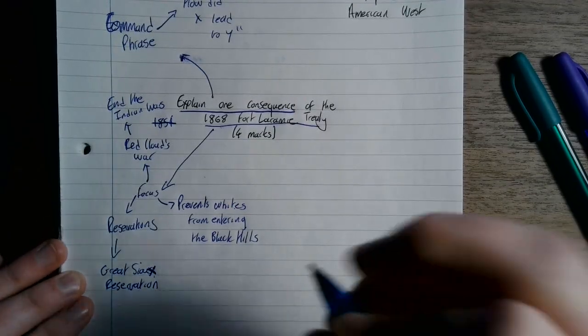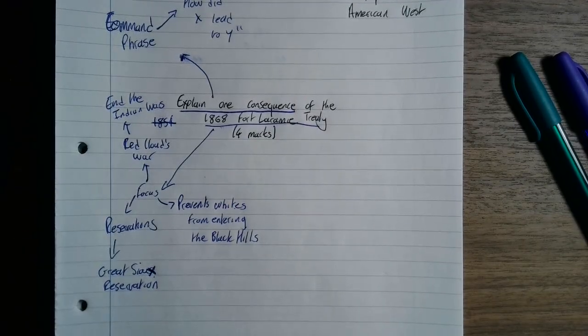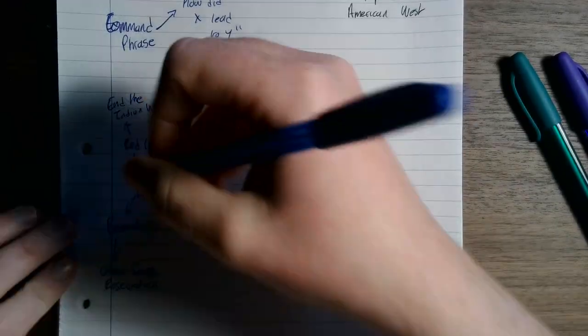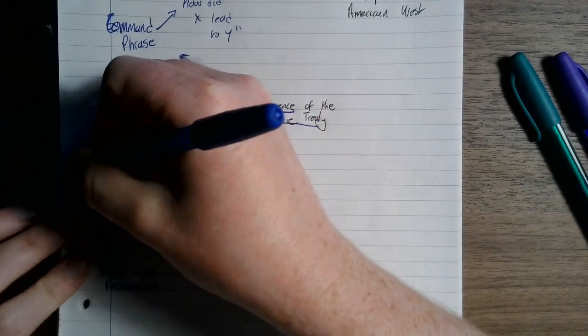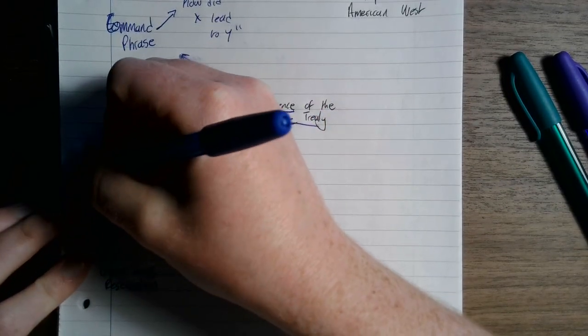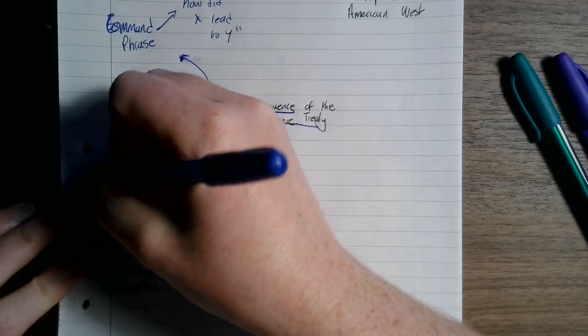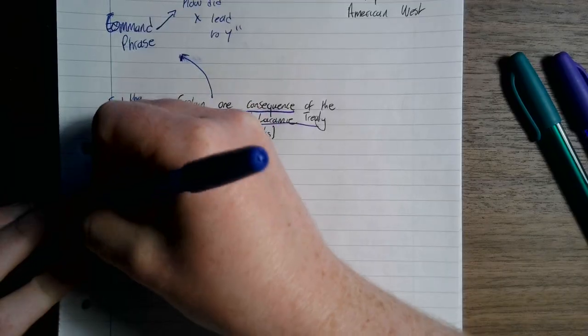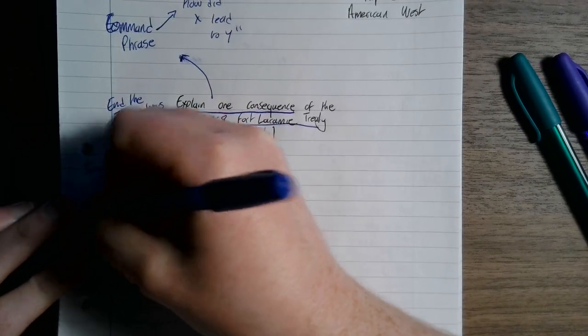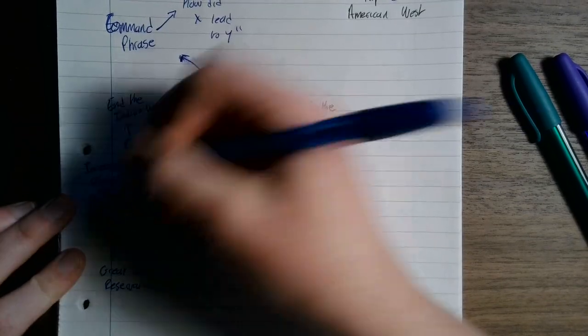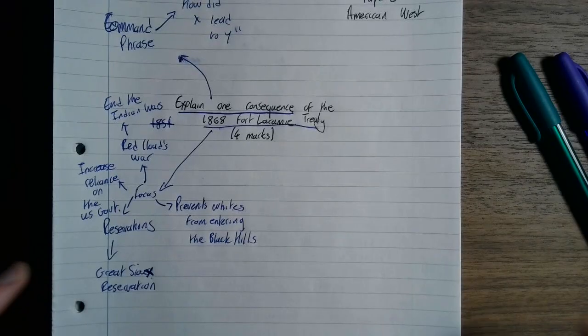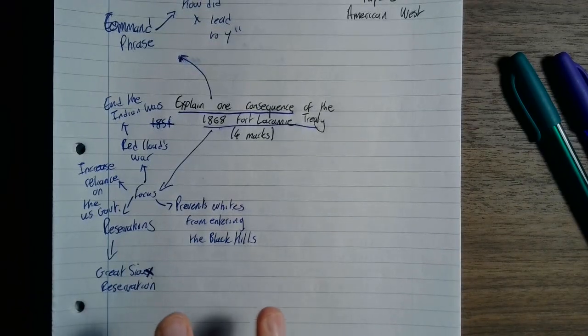And then finally, because it creates a Great Sioux Reservation, as we know from previous conflicts about reservations, over time it's going to increase the reliance on the US government. US Gov. Okay, right. So that's the relevant knowledge that we need to add in here.